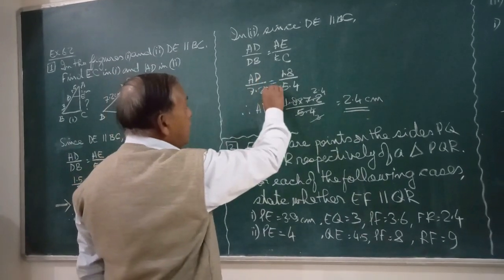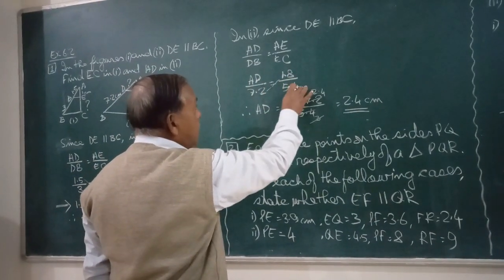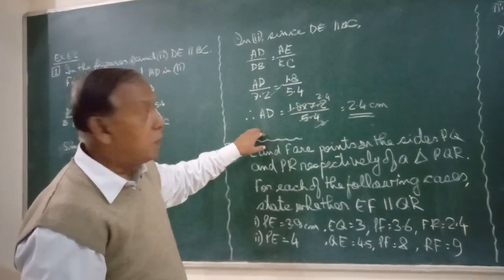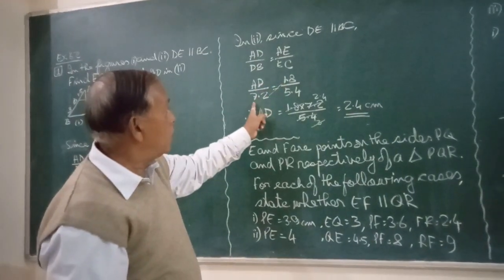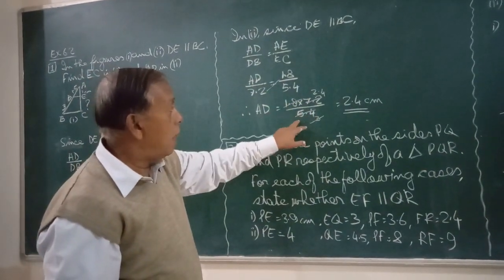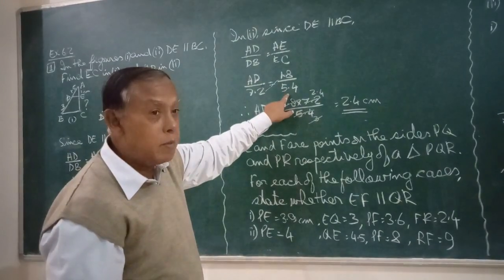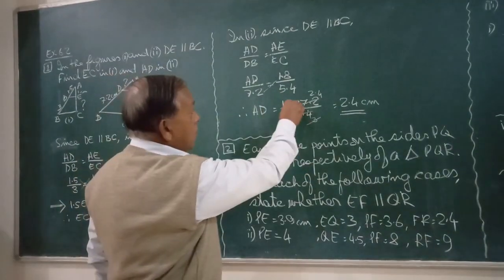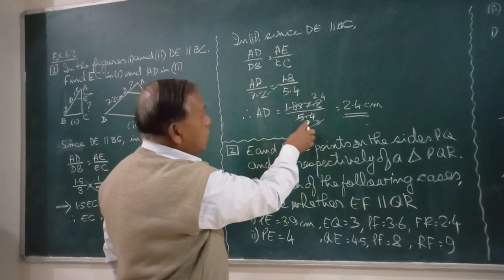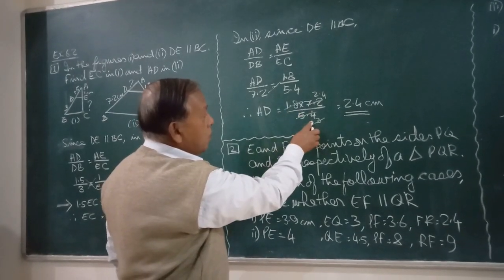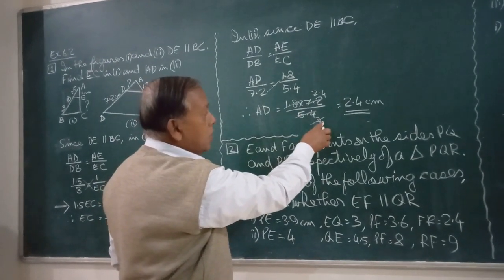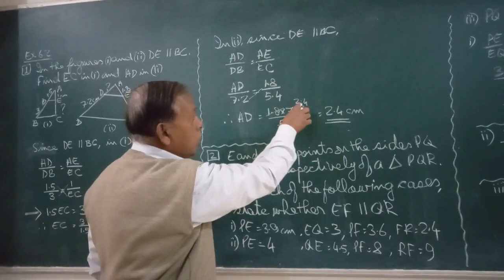Since AD is here, you have to multiply it in this way. This is what remains here. So we get AD by itself. 1.8 multiplied by 7.2 and then 5.4 remains here. Divide by 5.4, 54 is 3 times, and when you divide here we get 2.4.